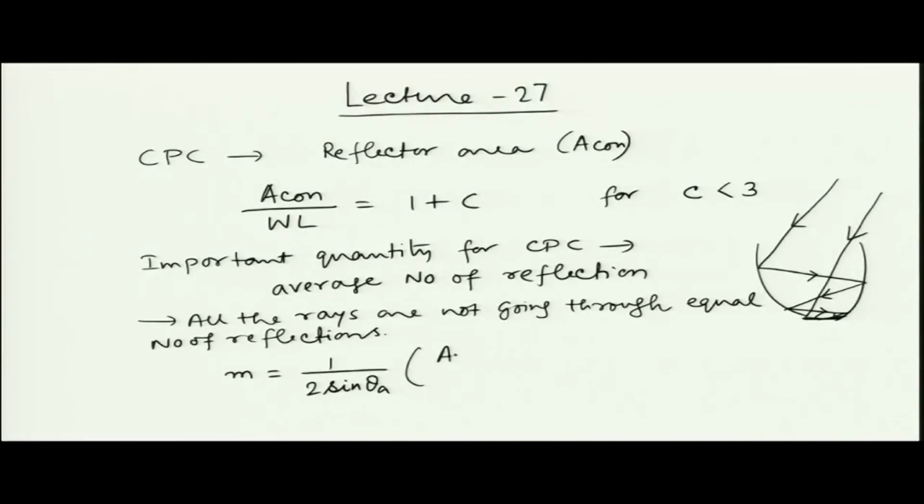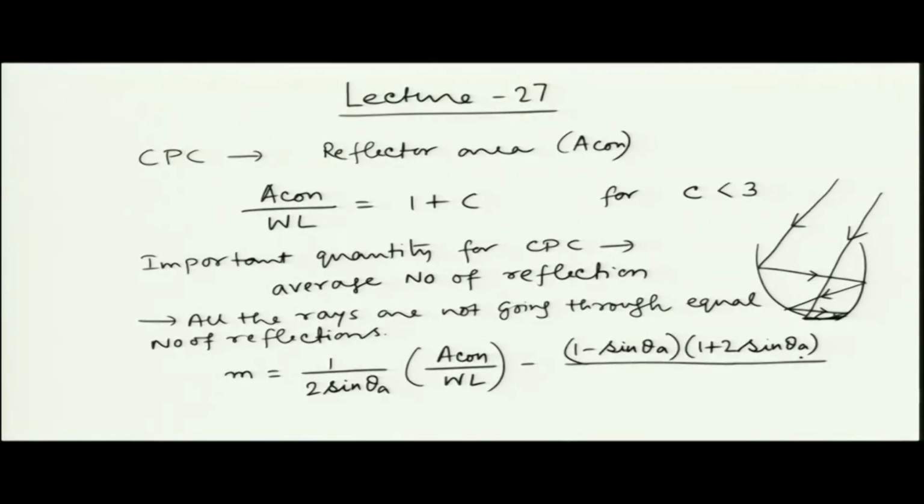So, here this area of reflector A con divided by the aperture width and the length of the collector, minus 1 minus sin theta a multiplied by 1 plus 2 sin theta a, divided by 2 sin square theta a.